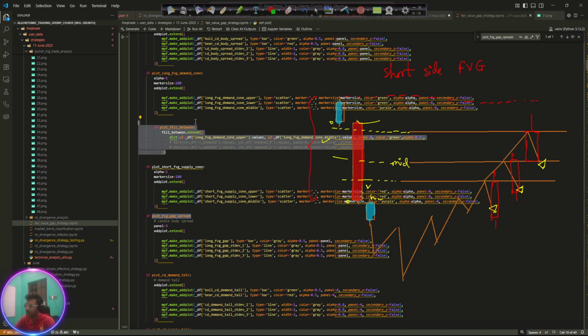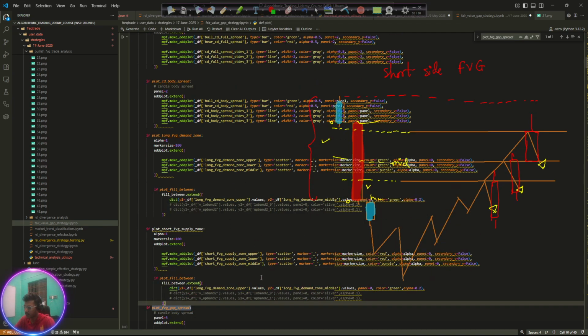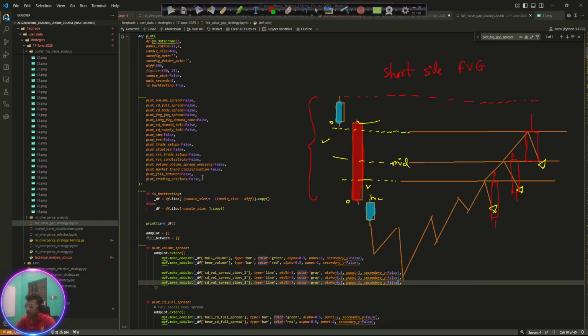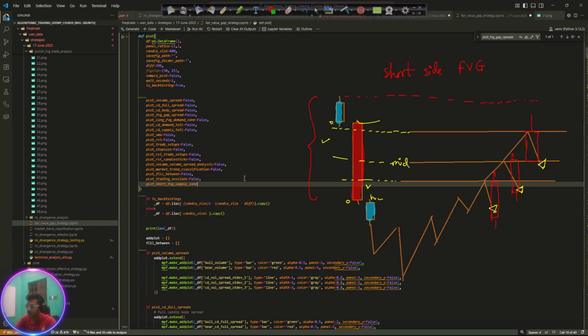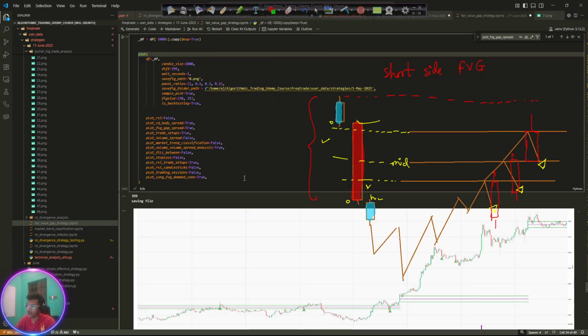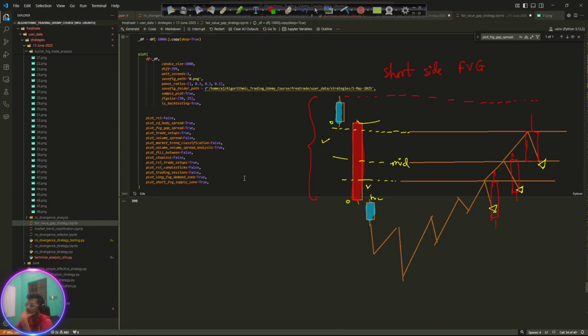Do the same here: lower, red, and that's it. Let's run it and see.